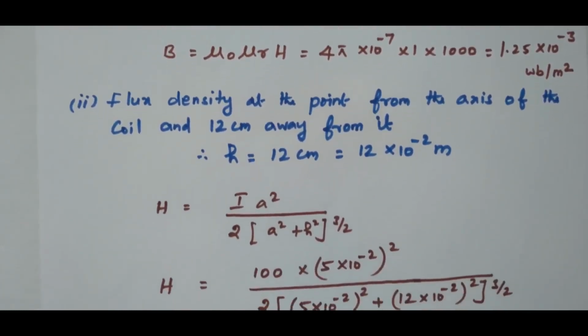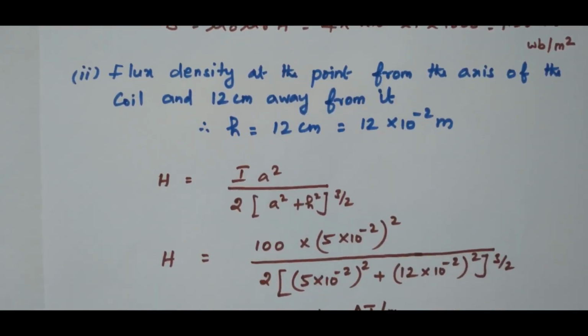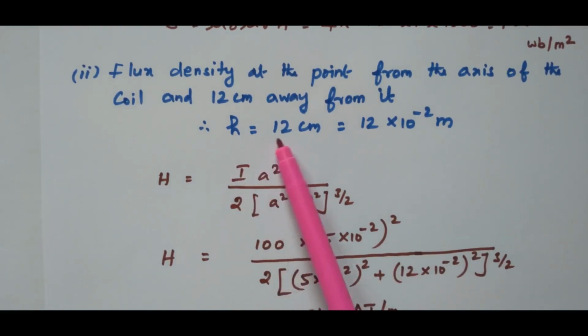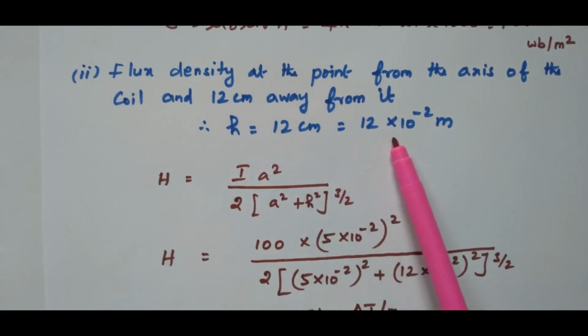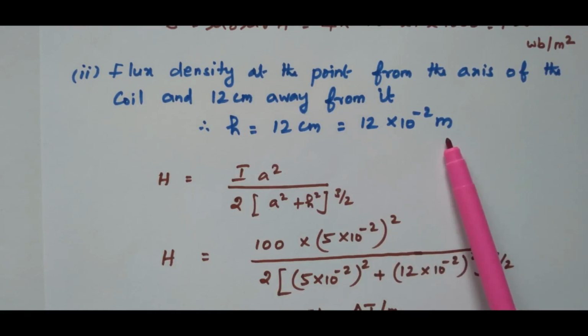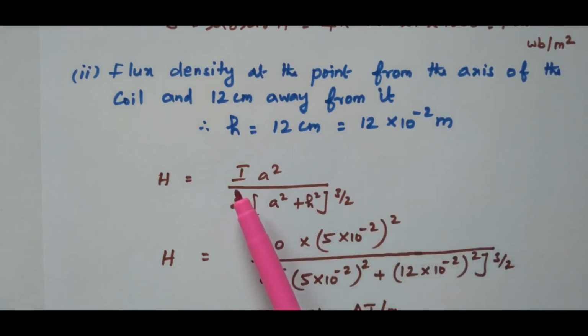When the point is placed at a height of 12 centimeter, that is height equal to 12 into 10 to the power minus 2 meter. For this, what is the formula? I a square divided by 2 into a square plus h square whole power 3 by 2. So this expression also we got previously. This is in terms of height, right?